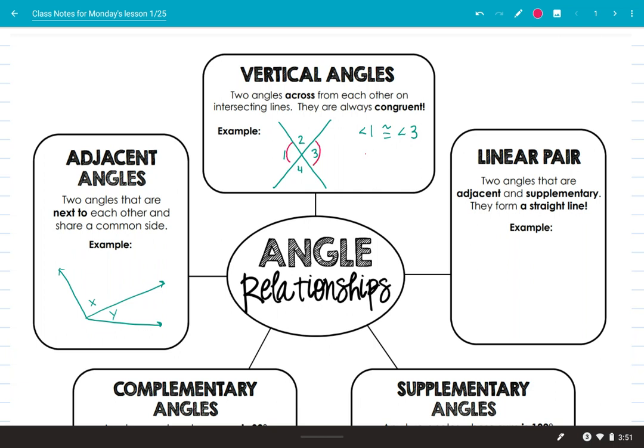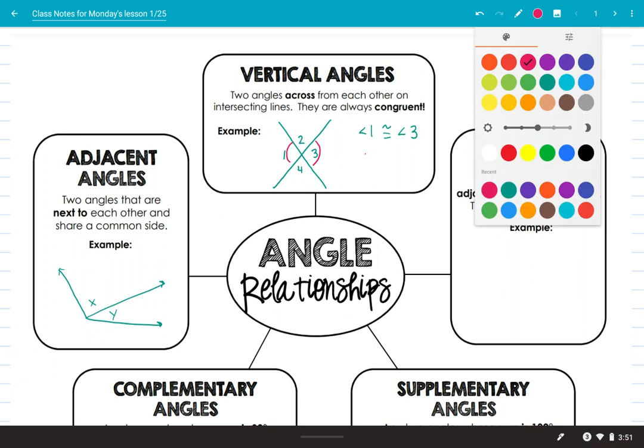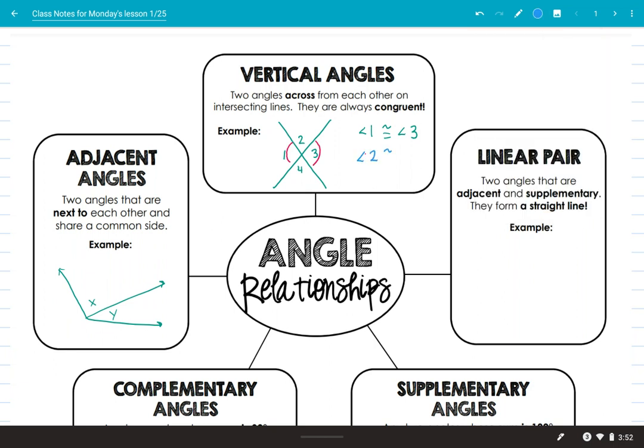We can also say that angle 2 is congruent to angle 4, and I'm going to do 2 lines because it is the second one that's equal, and they are also congruent.